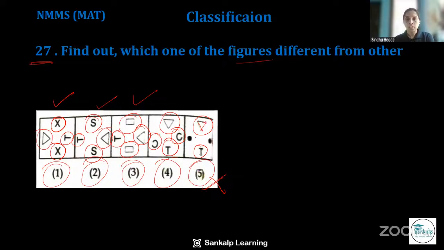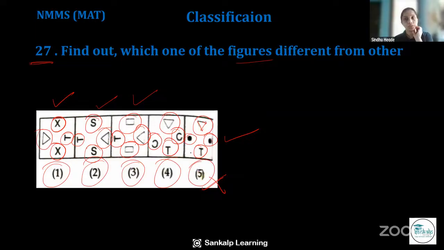Why? Because it does not have any alphabetical twin or any mathematical structure twin. It only contains dots on both sides. So it is entirely different from the rest. The rest of all the images have either an alphabetical twin or a mathematical symbol twin.